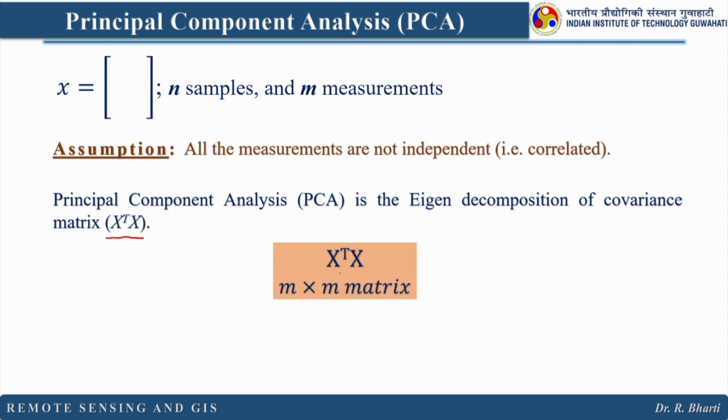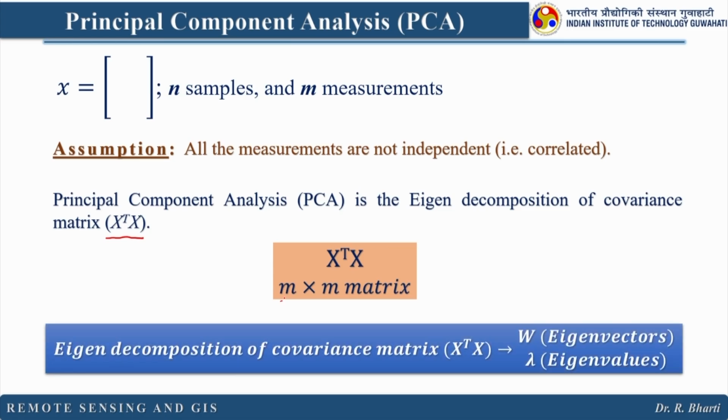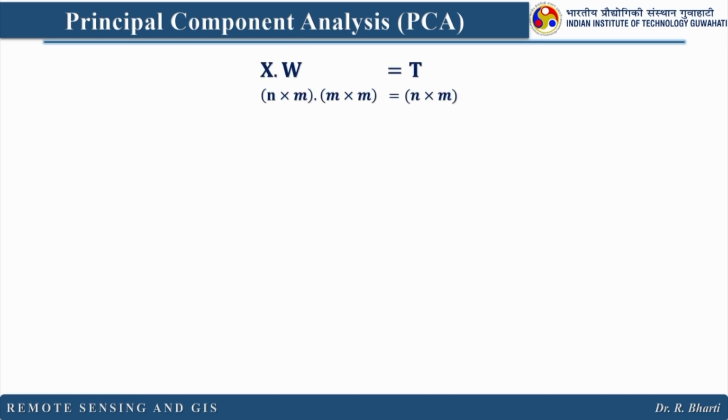So here X transpose X will have m by m size, right, and once you decompose this covariance matrix X transpose X into eigenvectors W and eigenvalues lambda, right, then you can write it like matrix X multiplied with W is equal to T.